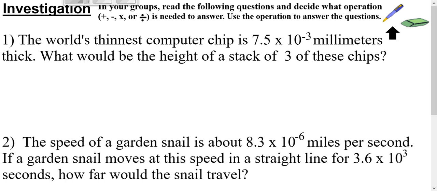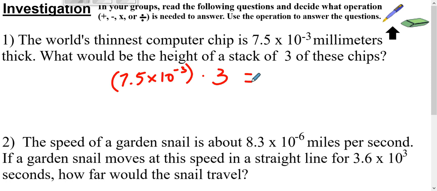So if I knew the height of one of something and I stack a bunch of them, that would be multiplication. Or you could just keep adding over and over again, but it's just easier to do multiplication. So 7.5 times 10 to the negative third times 3, because you just have 3 of those chips.